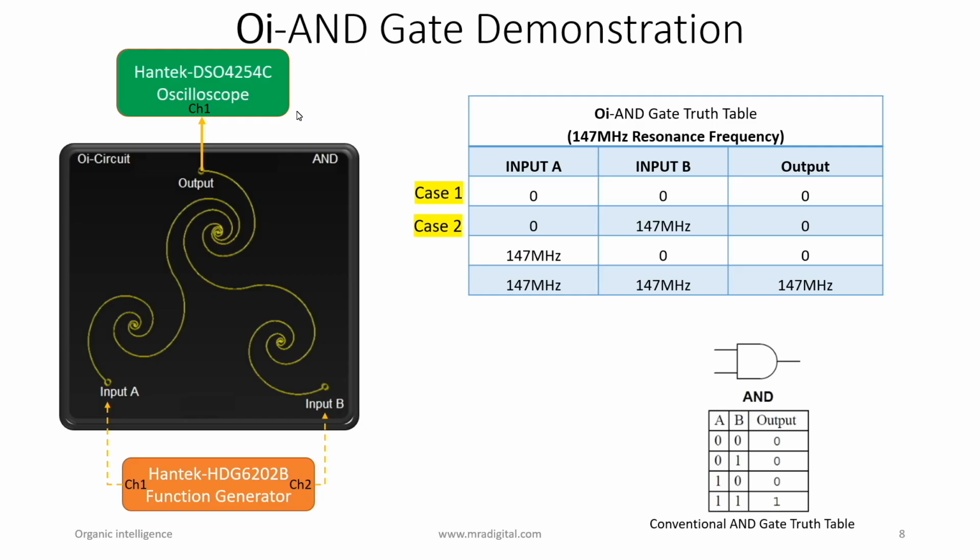Now for case number 3, input A should be 147 megahertz and input B should be 0.